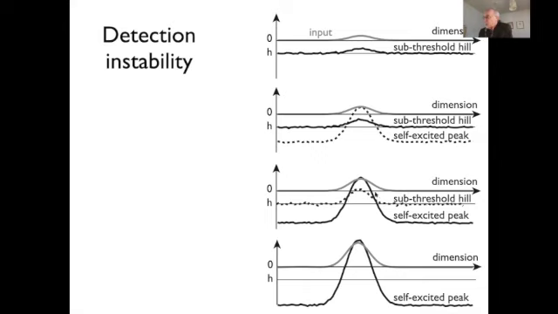This is where the detection instability occurs, and only the suprathreshold is present, and the self-excited peak has a monostable regime. If I go back, the loss of the peak here is the lower limit of the bistable regime, so then you go to the monostable regime. In this direction you go through the detection where the dashed line disappears, and in this direction you go through the reverse detection where the solid line disappears.